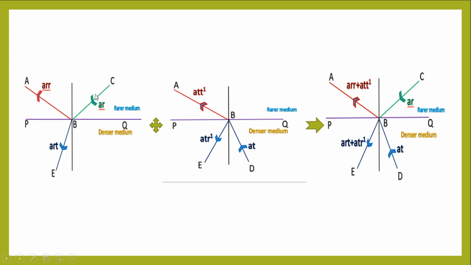So I am adding both the amplitudes, AR squared plus ATT dash, and here ART plus ATR dash. AR is amplitude of the wave CB and AT is amplitude of the wave BD.